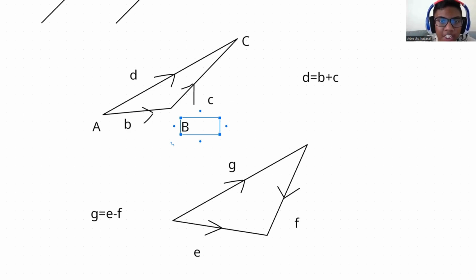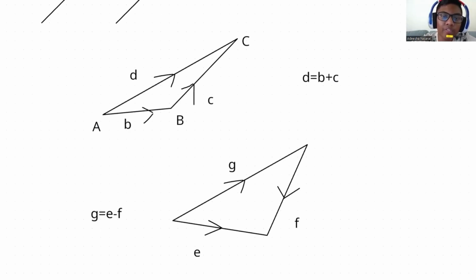So vector B leads us from point A to point B. Vector C leads us from point B to point C. Vector D, though, leads us directly from point A to point C.